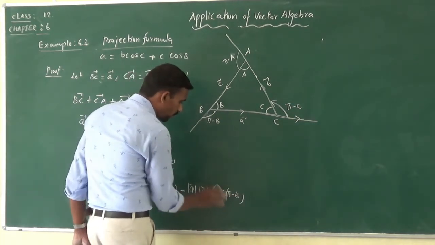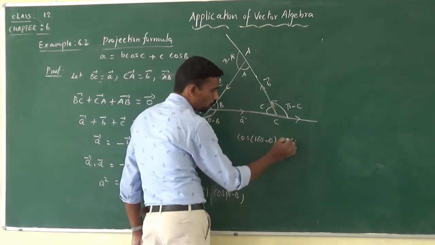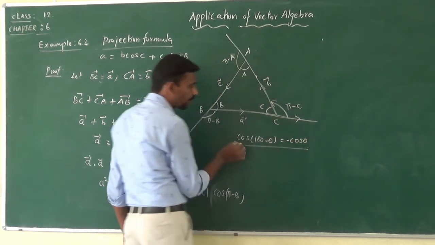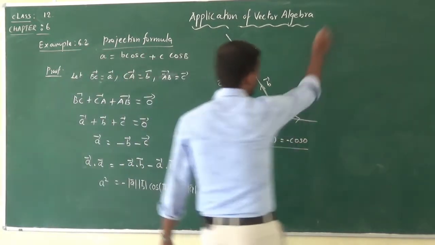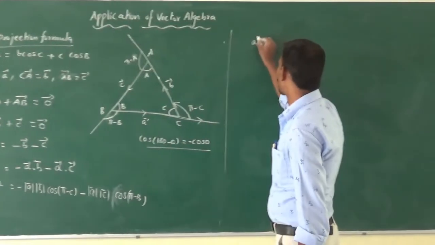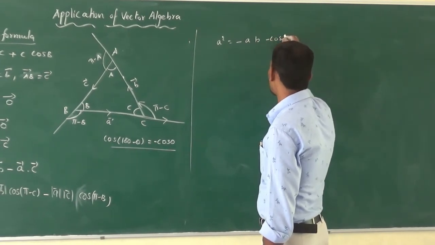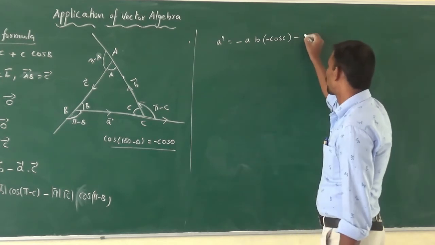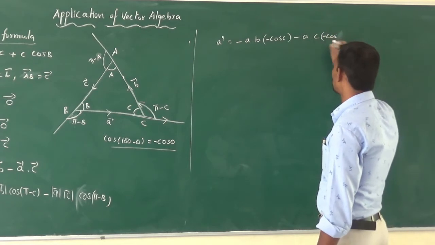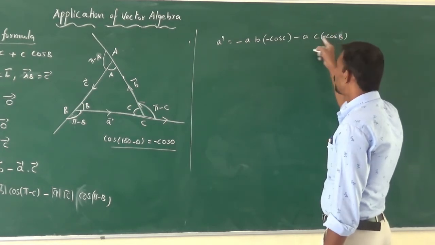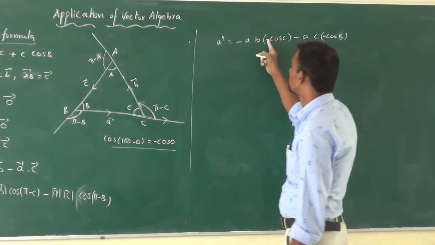Now we know that cos of 180 minus theta is equal to minus cos theta, so we can apply it here. So a square is equal to minus a b into minus cos c, minus a c into minus cos b. The minus signs multiplied give plus.